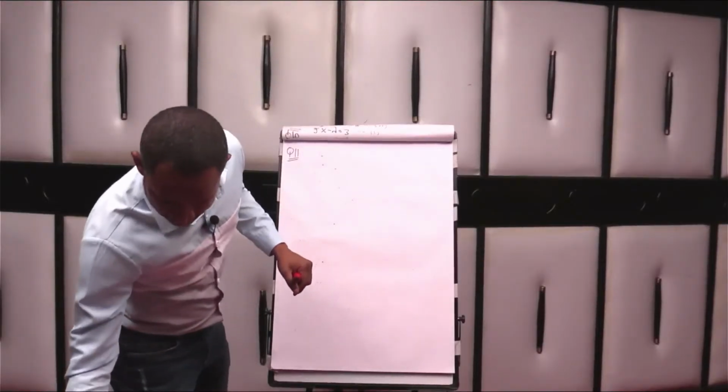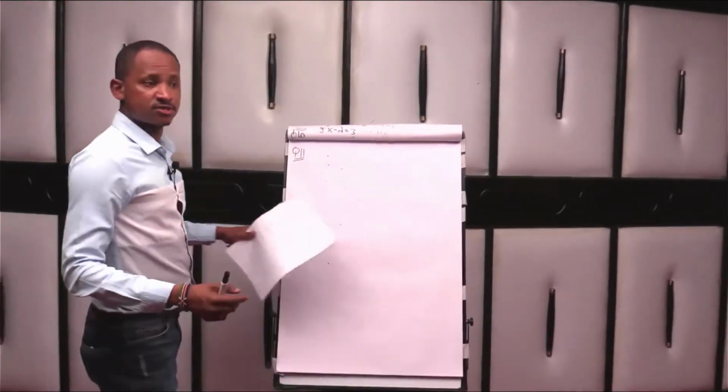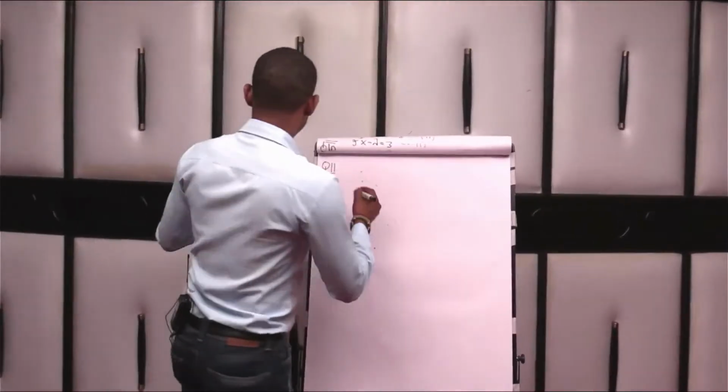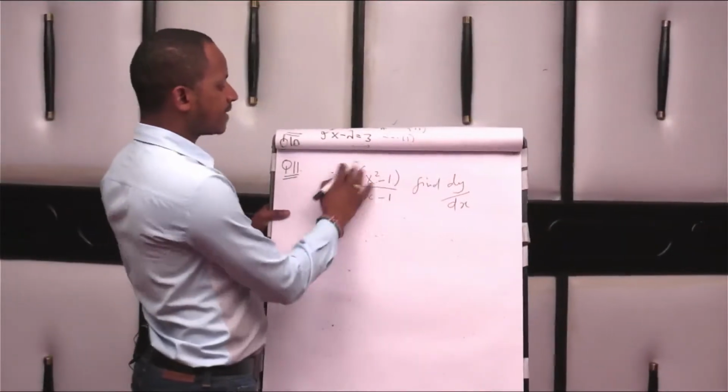Question number 11. This is differentiation, calculus. X into x squared minus 1 over x minus 1. Find dy dx. This question was in one of the KCSE papers, just the way it is, and it is 3 marks. So what do we do? Expand this.